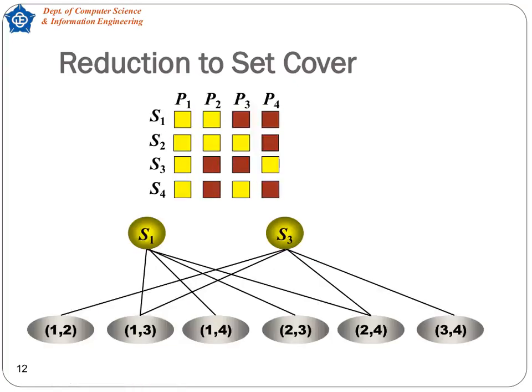Building on our previous discussion, let's walk through a concrete set cover example. At the top, you see a table of 4 candidate sets, S1 through S4, versus 4 elements. Yellow squares show which elements each set contains. To turn this into a set cover instance, we list every unordered pair of elements, {1,2}, {1,3}, {1,4}, {2,3}, {2,4}, and {3,4}, as items that must be covered.